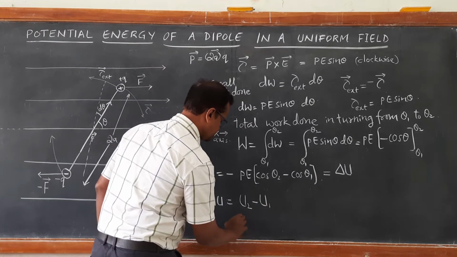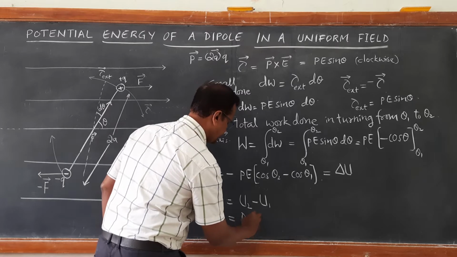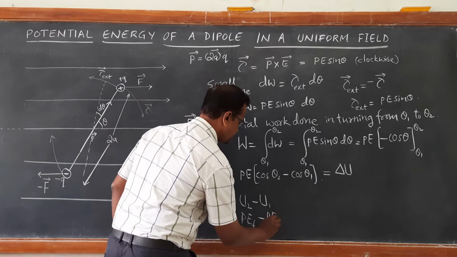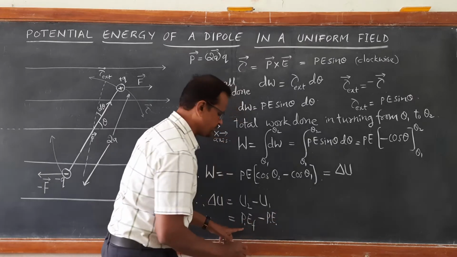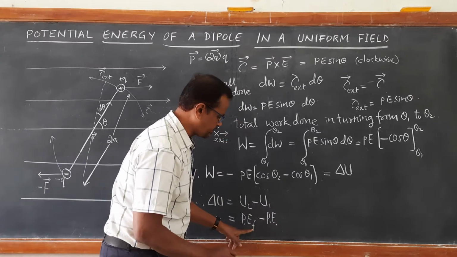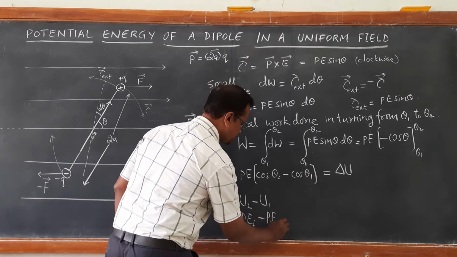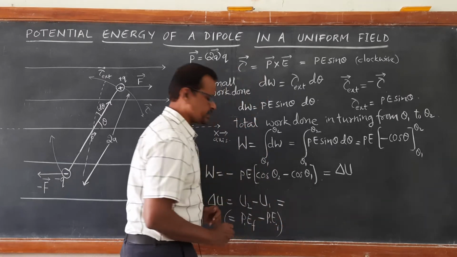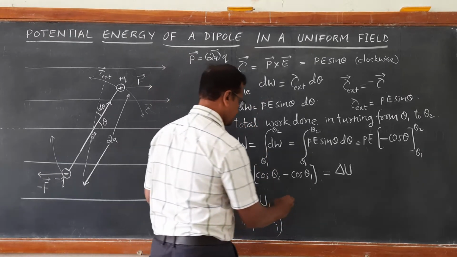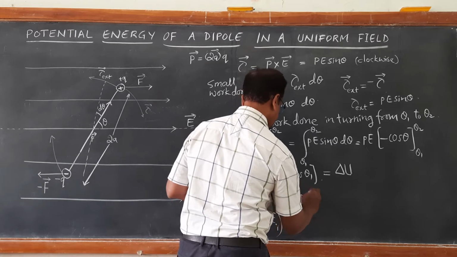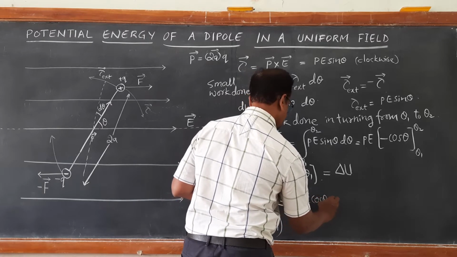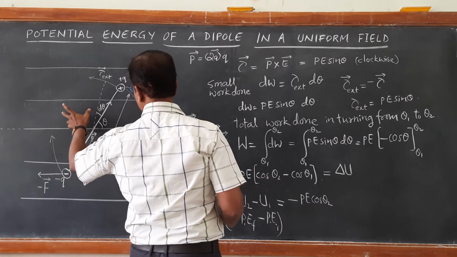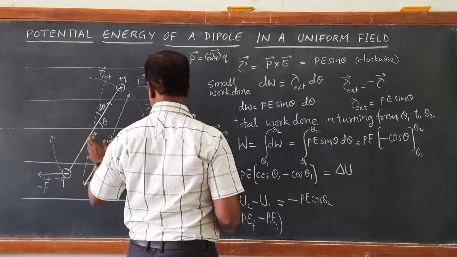So, this is nothing but PE final, final potential energy, minus initial potential energy. PE means potential energy, right? So, from the above equation I can write what the final potential energy is. Take minus here, minus Pe cos theta 2, that becomes the final potential energy when the dipole is turned from theta 1 to final angle theta 2.